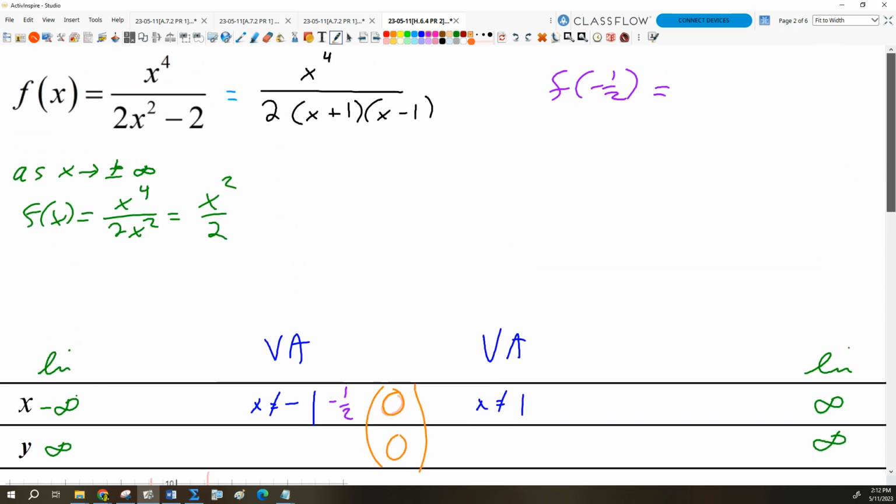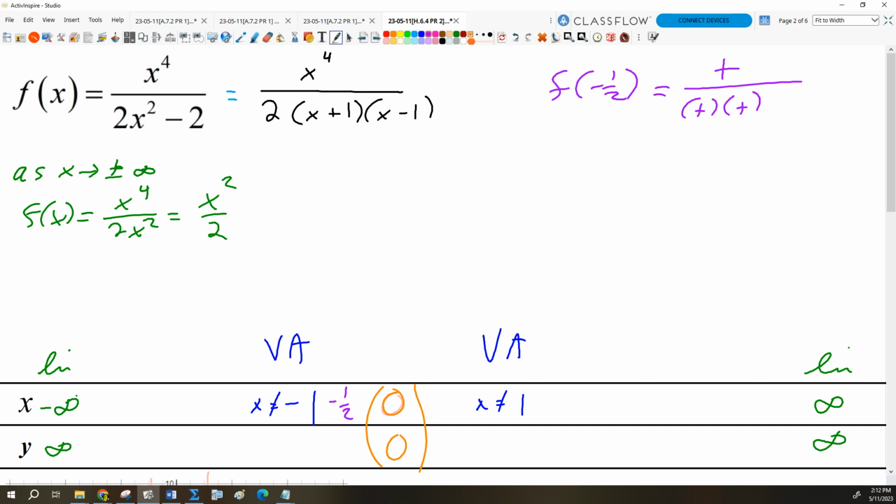Here, we've got this function in factored form. What is negative 1/2 to the fourth? What's any real number to the fourth power? Positive or negative? Positive, yeah. So we get positive on the top. On the bottom, 2 times negative 1/2 plus 1 is positive 2. That's positive, right?